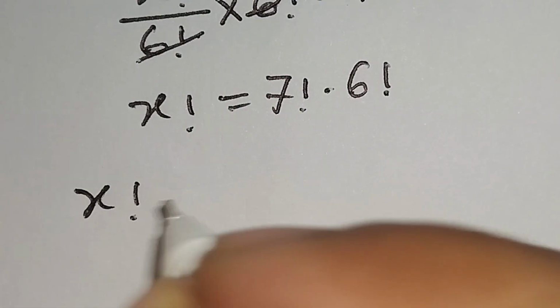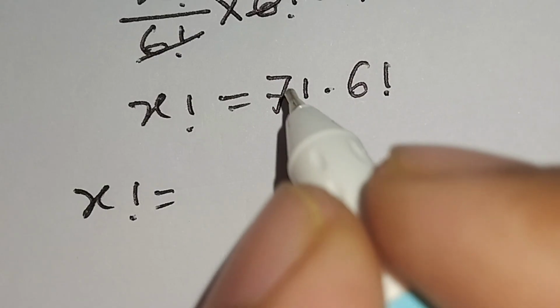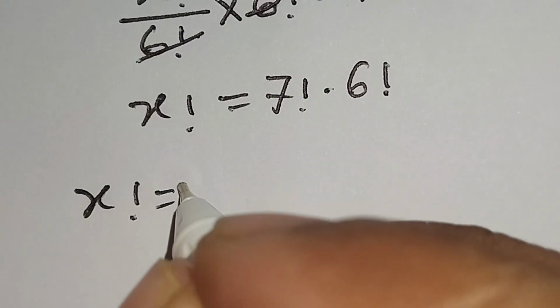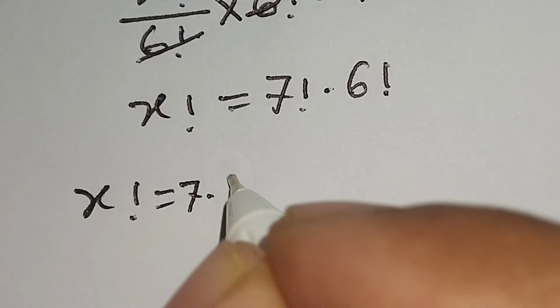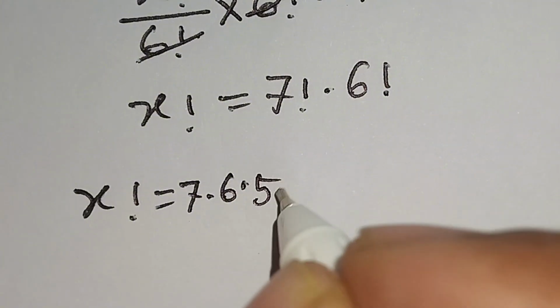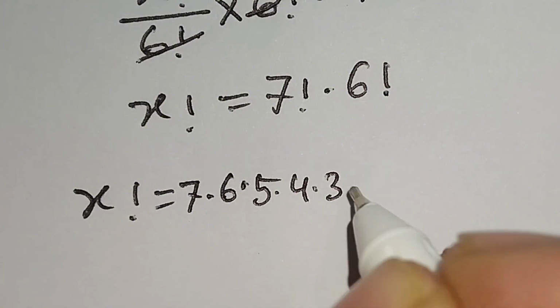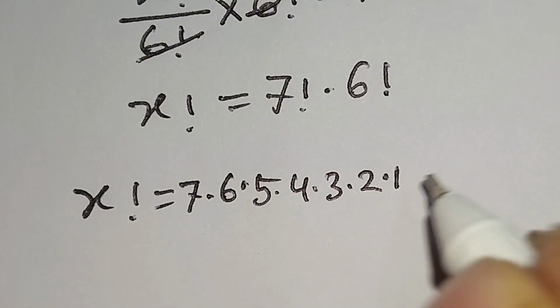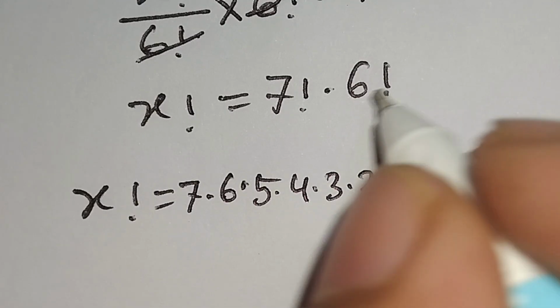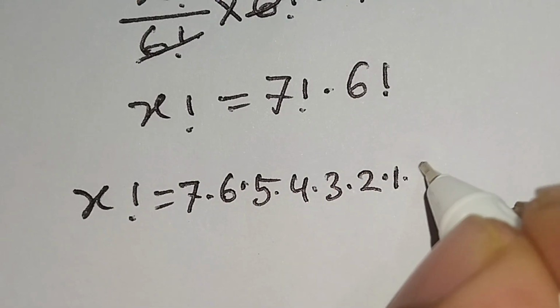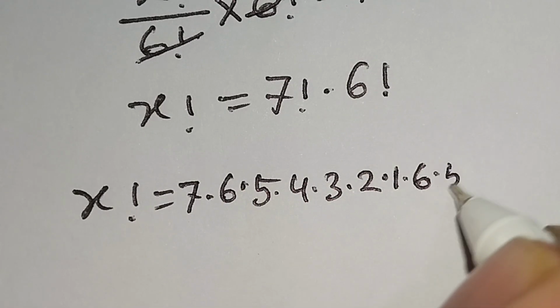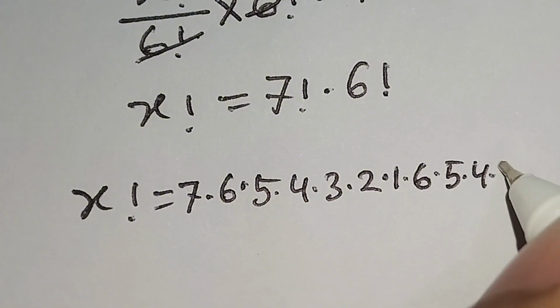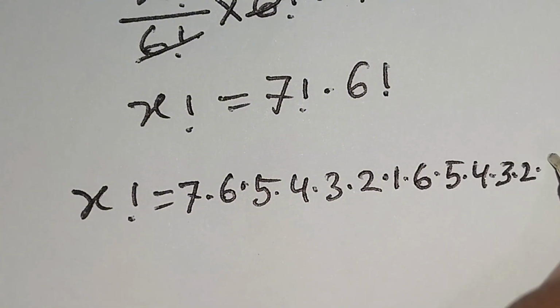X factorial is equal to, we know 7 factorial is 7 times 6 times 5 times 4 times 3 times 2 times 1, and this 6 factorial is 6 times 5 times 4 times 3 times 2 times 1.